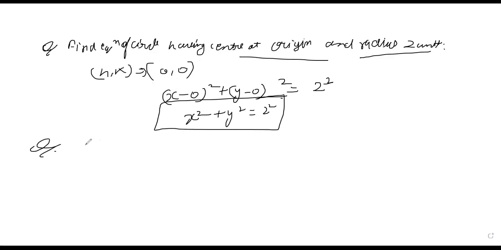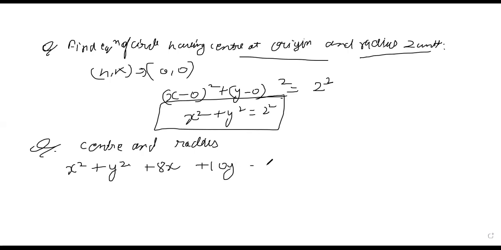Now the next question is find the center and radius. The equation is given like this: x square plus y square plus 8x plus 10y minus 8 equals 0.